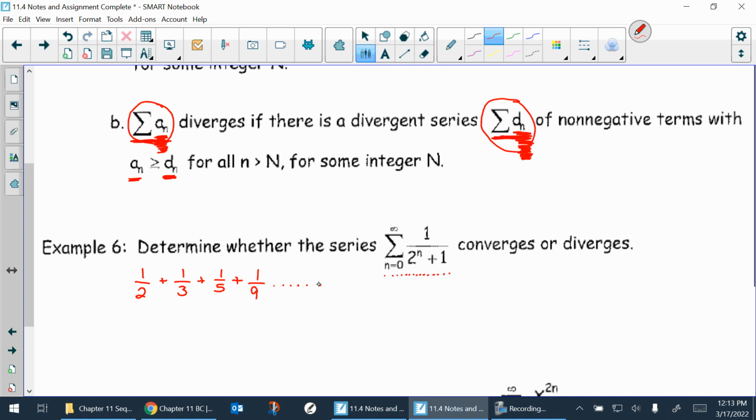Well, what I know about this is that if I have a series that looks like this, let me write it over here, n equals 0 to infinity, 1 over 2 to the n.